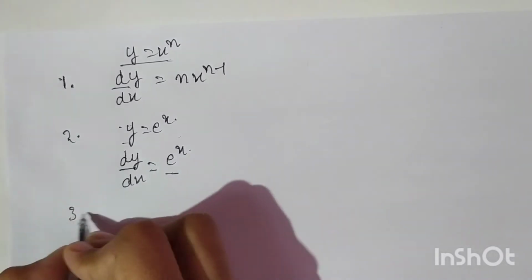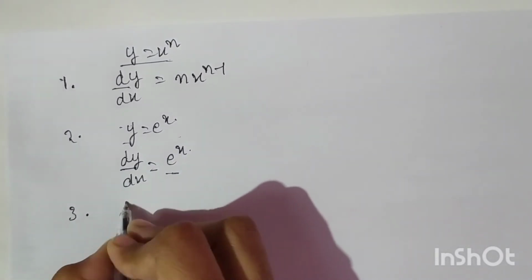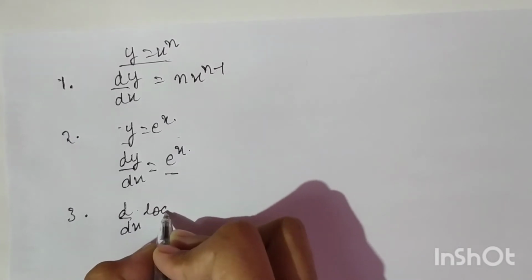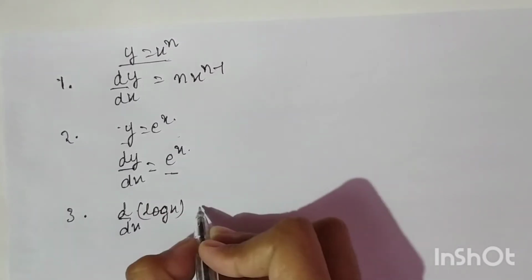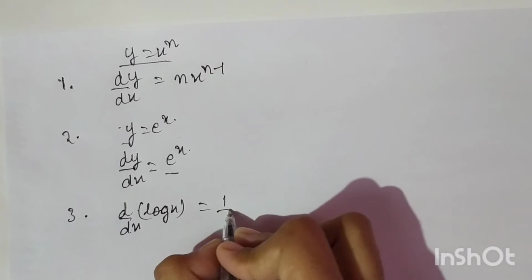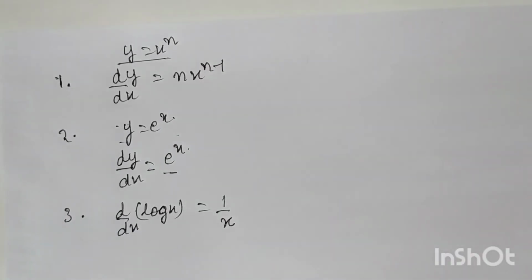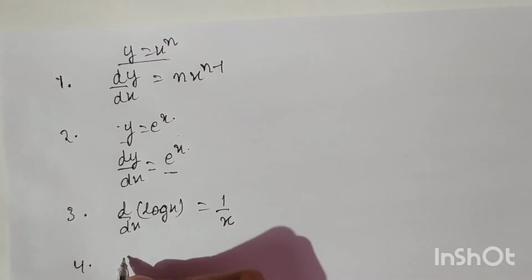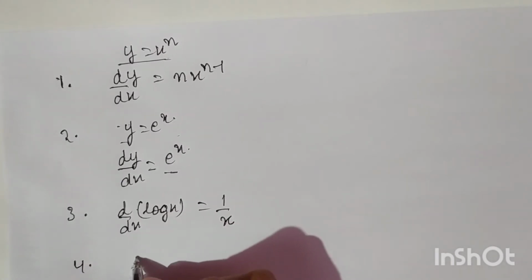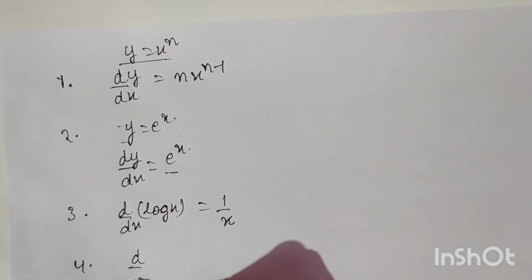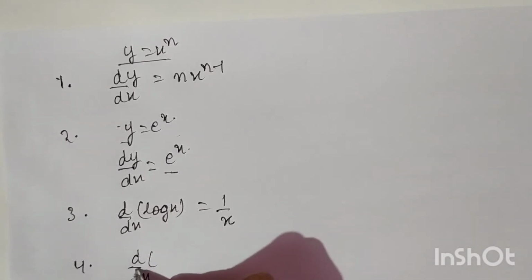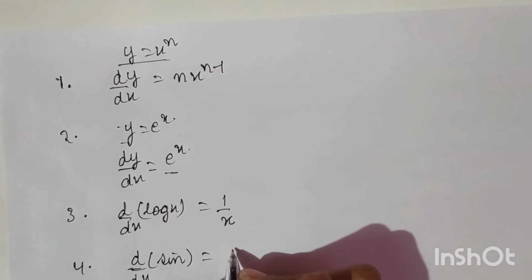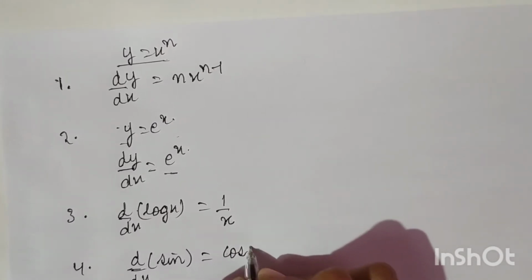Now the third formula is, if we have d by dx of log x, after differentiating this we will get log x. The fourth one is, if we want to find the differentiation of a trigonometric function, sin x, we will simply get cos x.